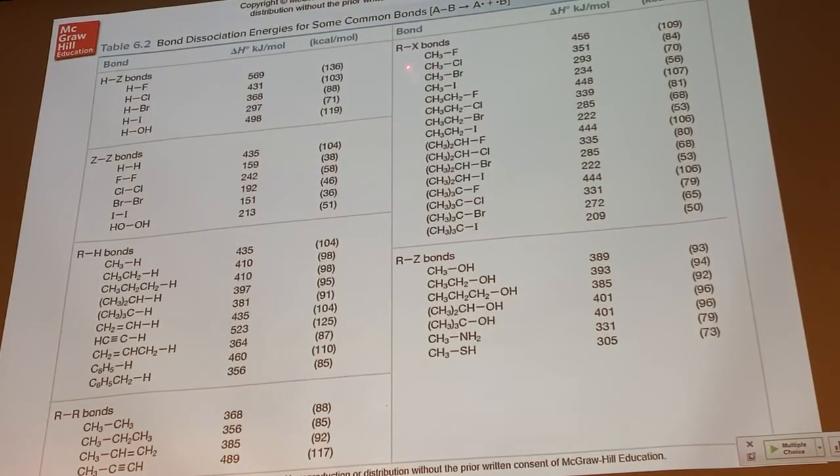So we have bonds between a methyl group and a fluorine, chlorine, bromine, and iodine. Okay. Which of those bonds is the strongest? Carbon fluorine. Which of those bonds is the weakest? Carbon iodine. Who would like to raise their hand and explain why those bond dissociation energies go down as you're going down that column in the table? Yes, please, Grace.